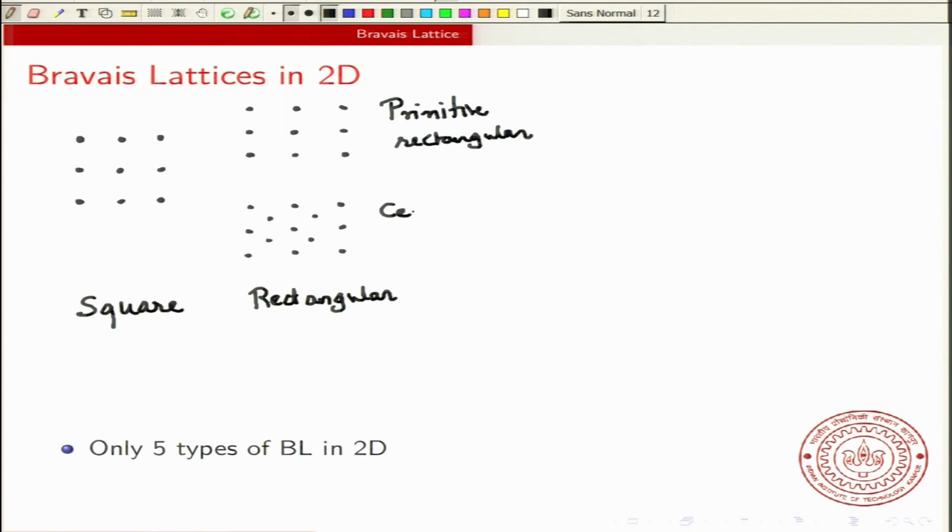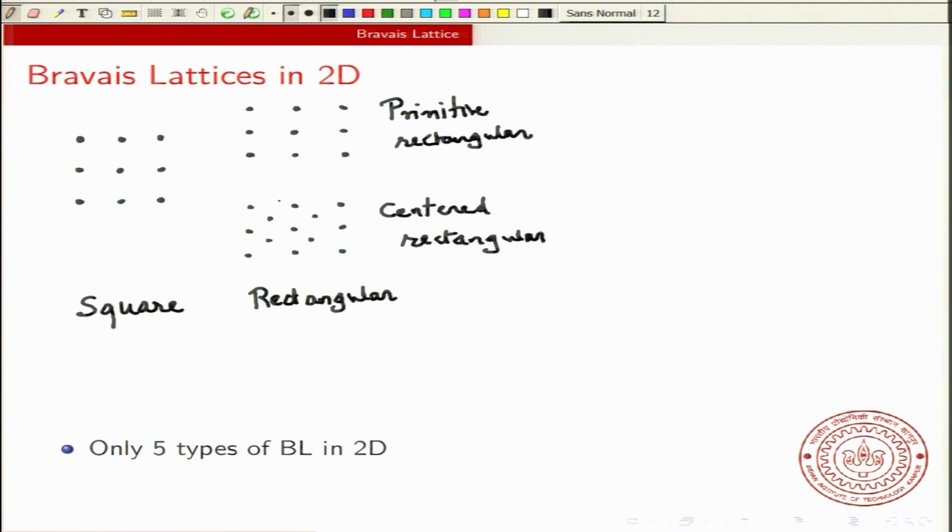I do not have to tell you the shape of rectangles and so on, but you can see again that each lattice point is identical. So you have these 3.